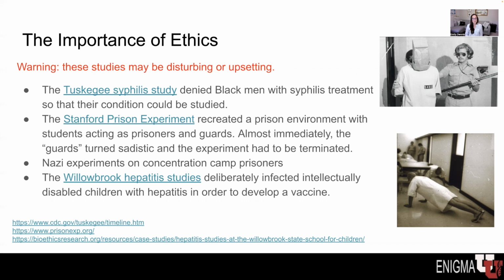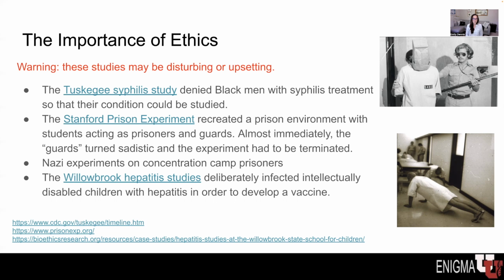So in the Stanford prison experiment, they recreated a prison environment with students who were randomly assigned to be prisoners or guards. And the study had to be terminated early because, randomly assigning people to these groups, the guards pretty quickly turned sadistic, and the prisoners pretty quickly started to exhibit signs of real mental distress, and so the experiment had to be stopped.